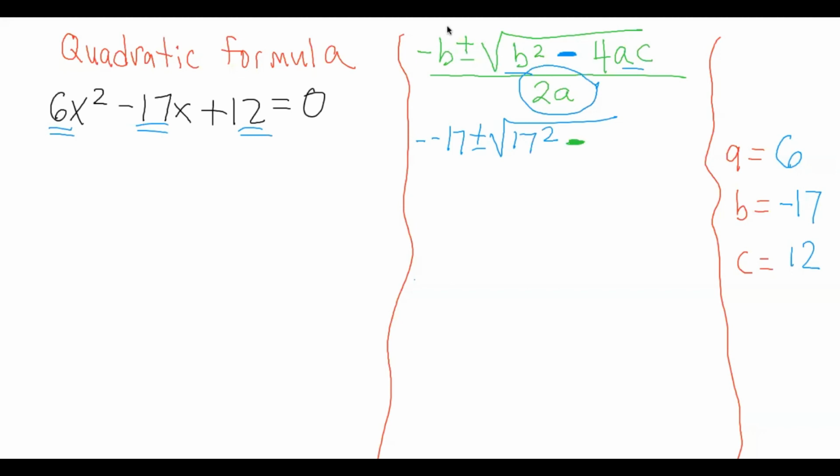And then right up here, we're gonna have 4 times A times C. And what is A and C? 12. Okay, so A is 6, and then what is C? 12. Okay, so let's keep this moving. Now this double negative here is going to be a positive. So when I rewrite this, I'm just going to leave that out because a positive is the same as nothing there. So it's going to go 17 plus or minus the square root.